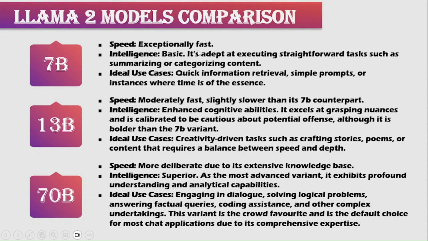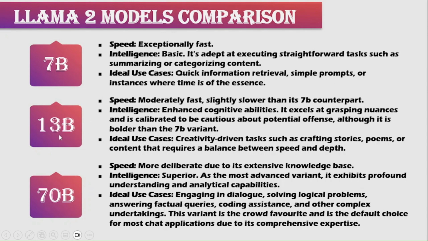So it's adept at executing straightforward tasks such as summarizing or categorizing content. Ideal use cases would be quick information retrieval, simple prompts, or instances where time is of the essence. So at that time you can use this model.